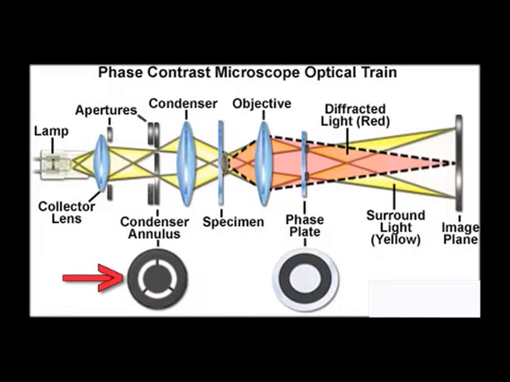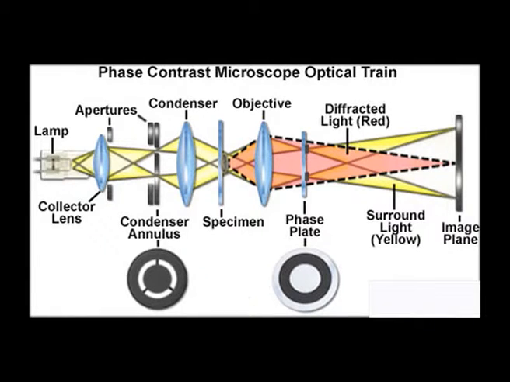Now how is the phase difference created, or how is the phase shift happening? If you look at the figure, the light comes out through an annulus, which is an important component of phase contrast microscope. It is focused onto the object or the specimen, and then from the specimen it gets into the phase ring.